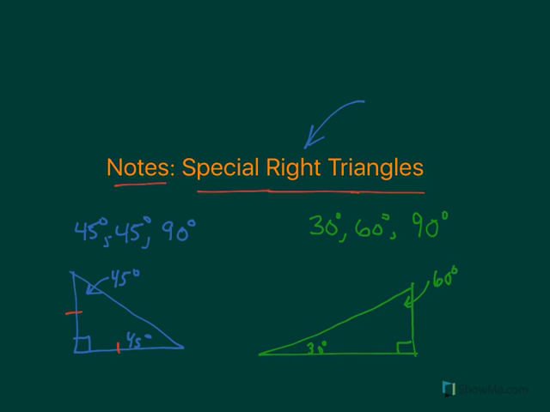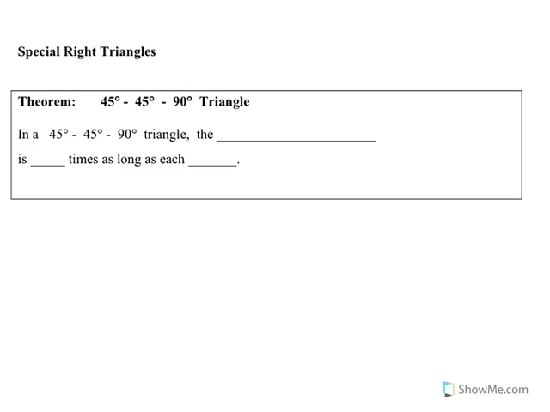So looking at your fill in the blank notes, the first one is the 45, 45, 90. So it says in a 45, 45, 90 triangle, the hypotenuse is square root of 2 times as long as each leg.